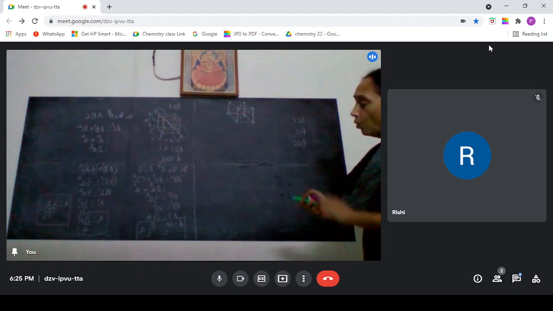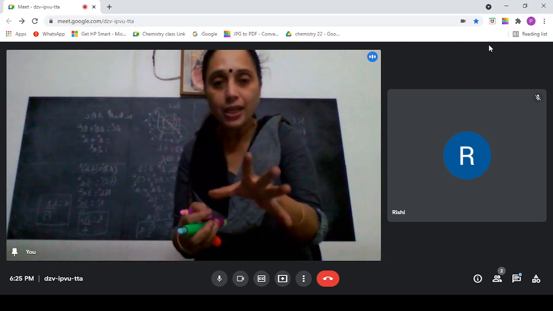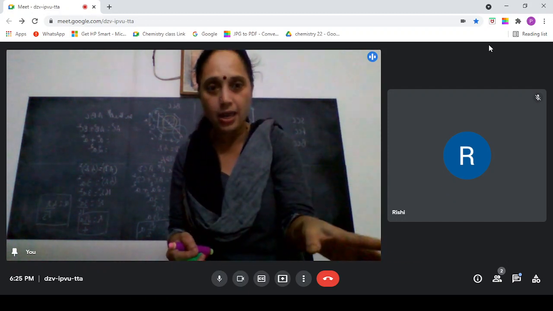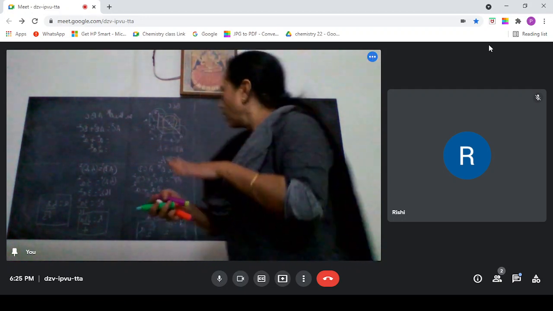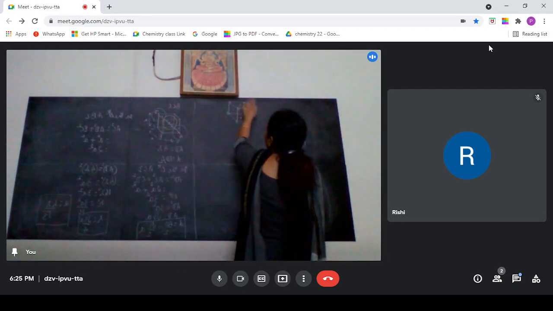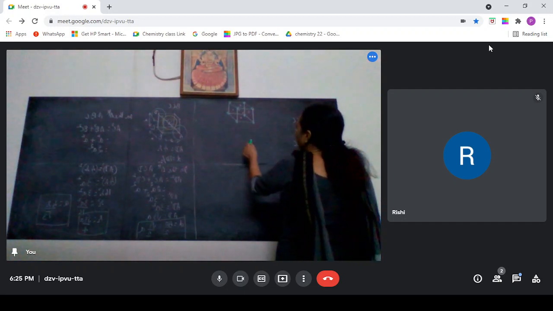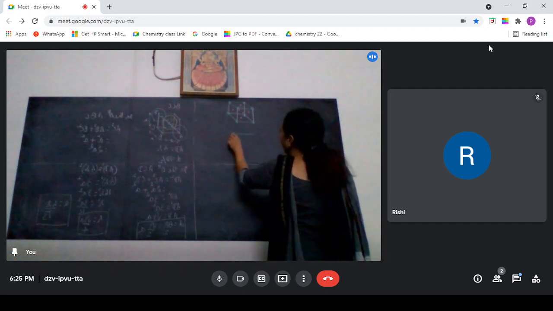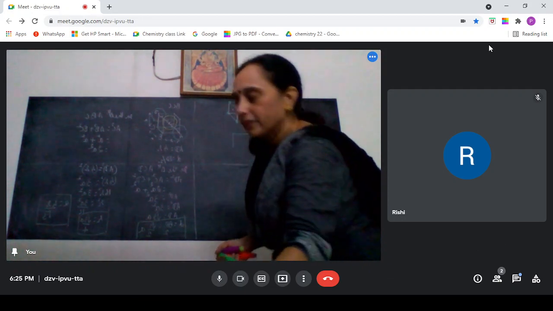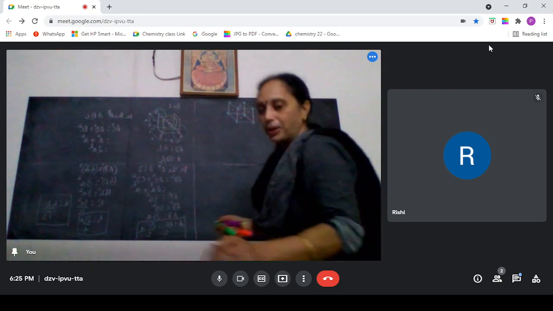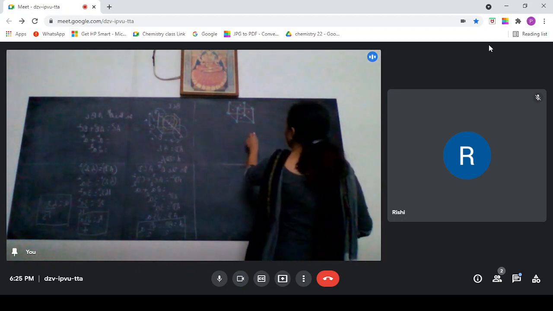Now here, to derive the relationship between D, R and A, I take only one face. I take only this upper face. I will write the face in white so that the particles I can write in color.